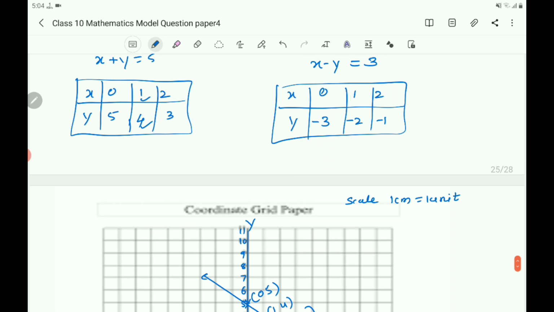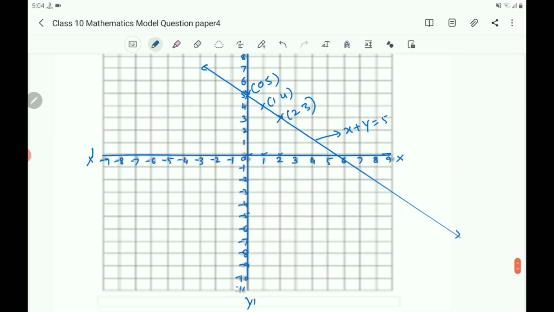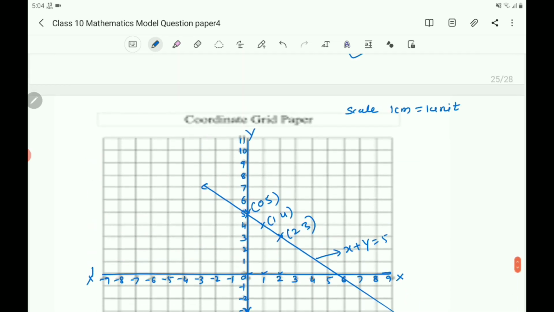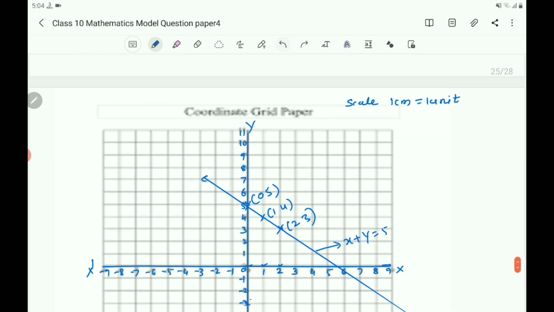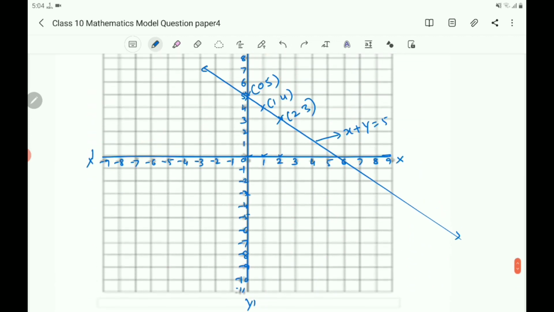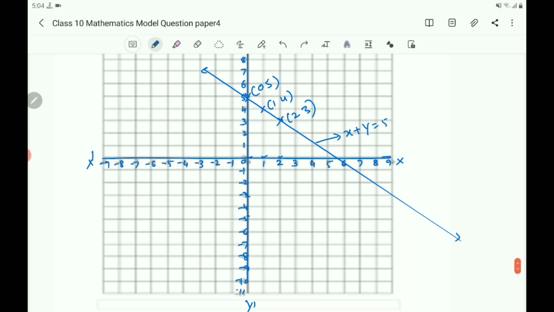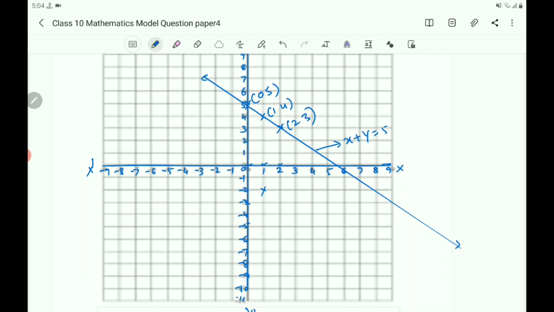Next you come to the coordinates 0, minus 3. 0, minus 3 comes here, and 1, minus 2 is here.